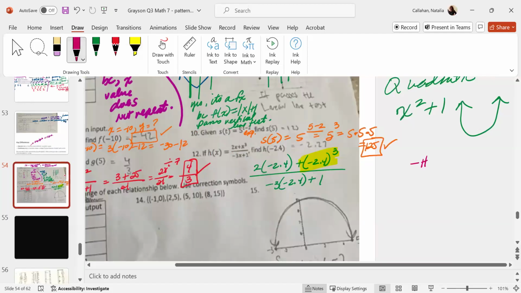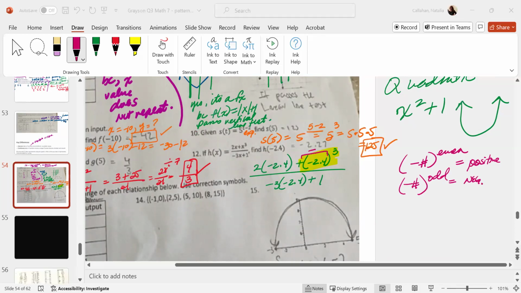When you have a negative number to an even power, like 2, 4, 6, 8, your answer is positive, right? If you have a negative number to an odd power, your answer is negative. This right here is gonna be a negative answer. Do you understand? Yeah. The negative. What did you get?